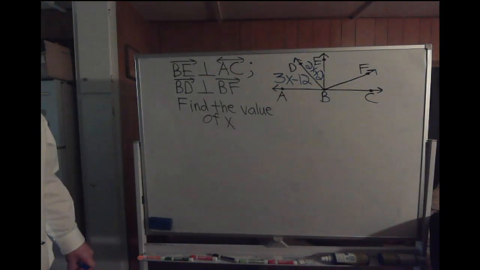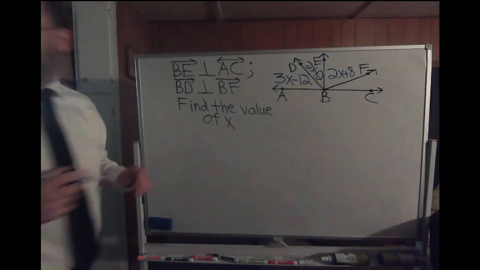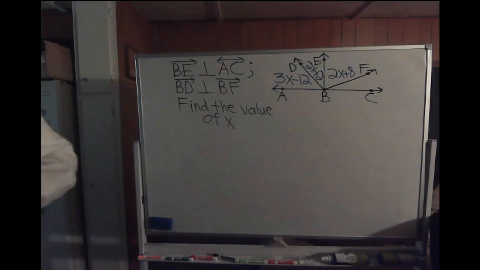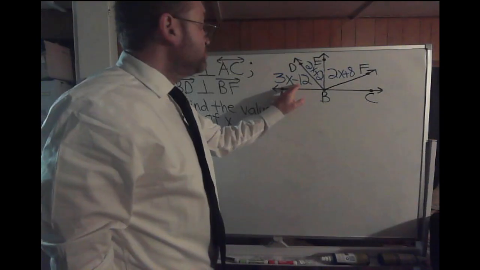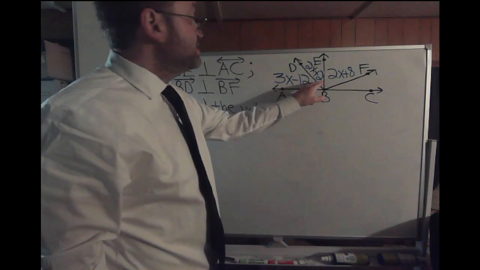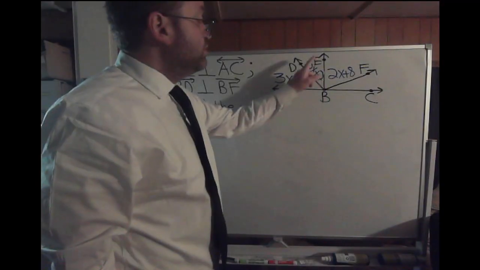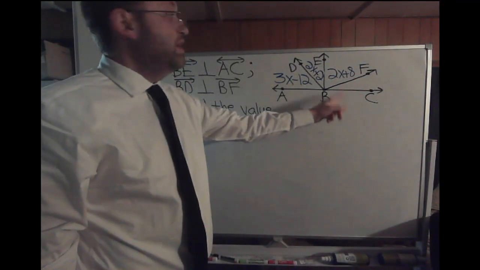Angle EBF is equal to 2x plus 8. So we have angle ABD equal to 3x minus 12, angle DBE equal to 2x plus 2, and angle EBF equal to 2x plus 8. They don't give us the value of angle FBC.